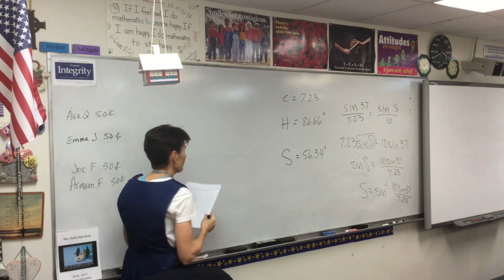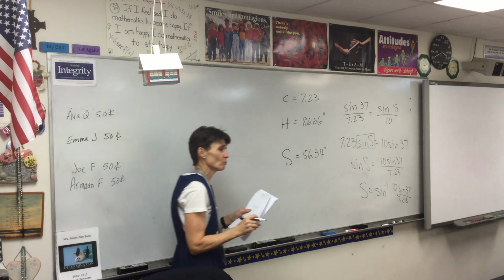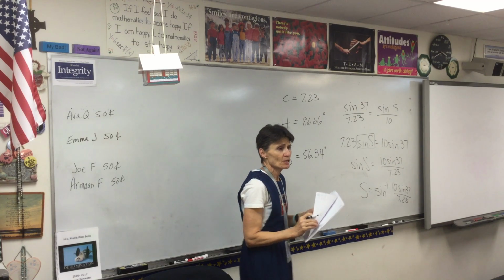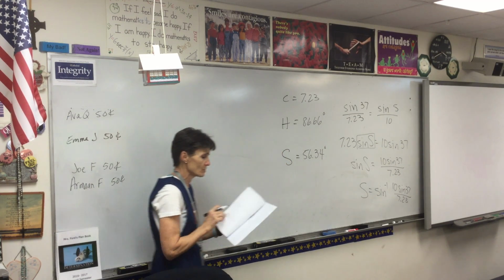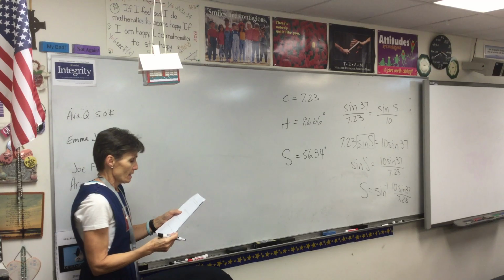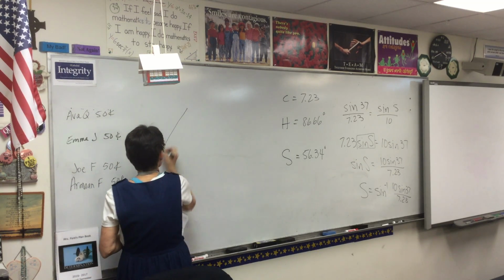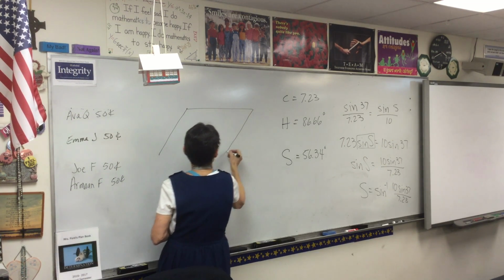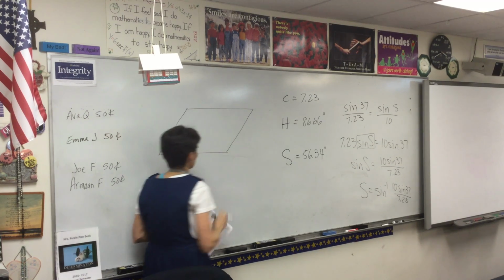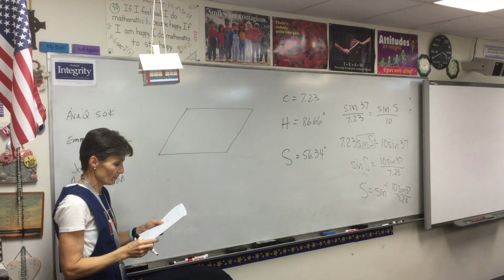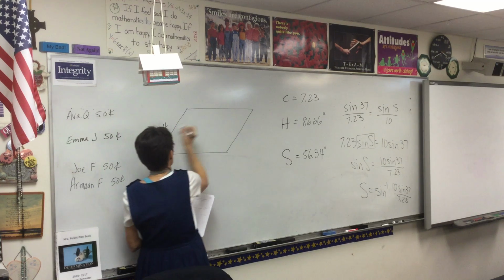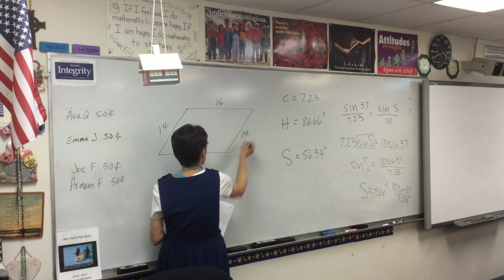All right, here we go. Number 2, we are on page 43 of our notes. We are going to find the area of a parallelogram. Everybody remembers what a parallelogram looks like. The sides are 14 and 16.